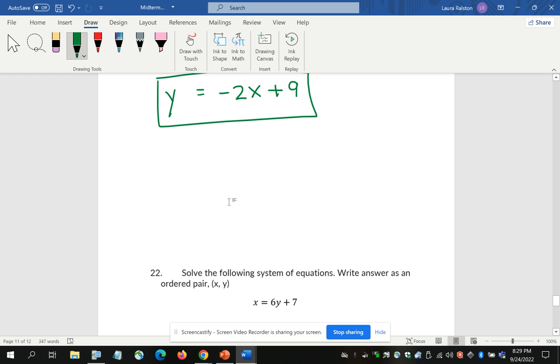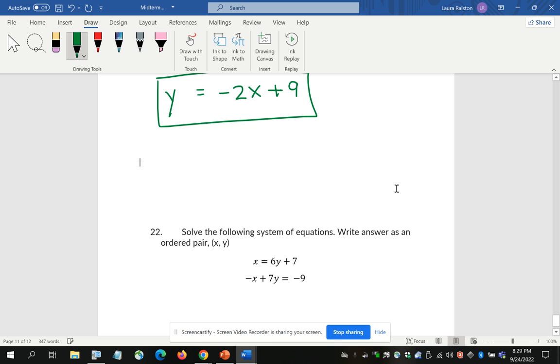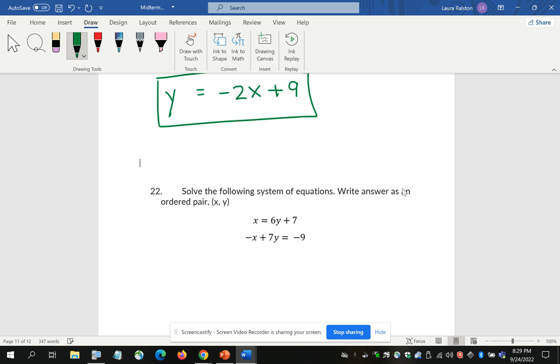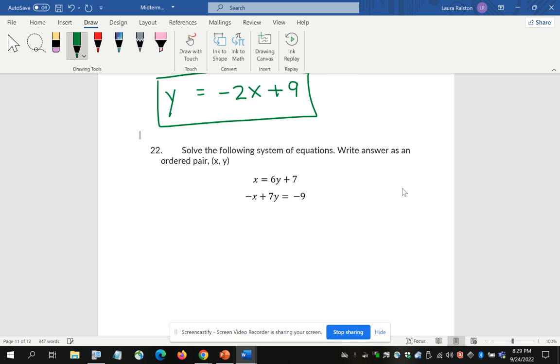And finally, number 22 asks you to solve the following system of equations. Again, there's a variety of ways for solving systems. You can do it by graphing, you can use substitution, or you can use the addition-elimination method.